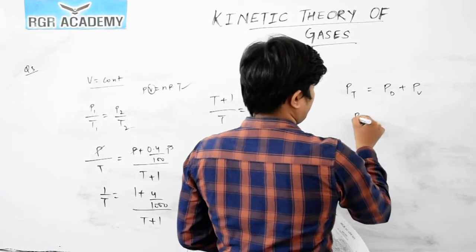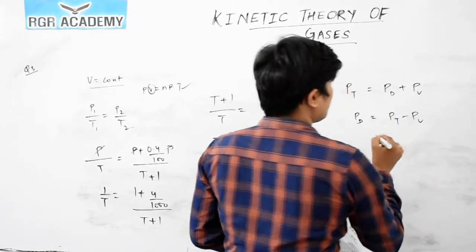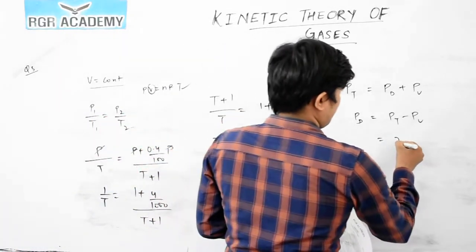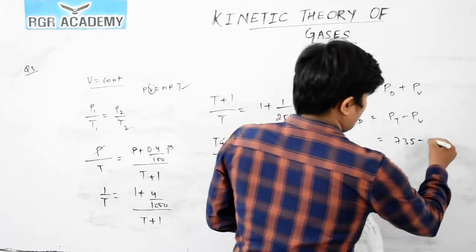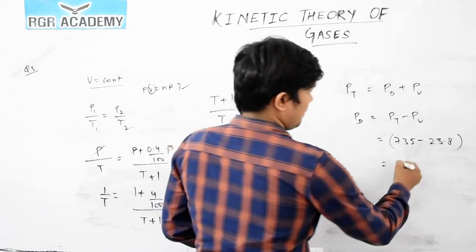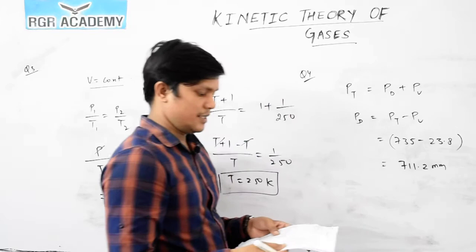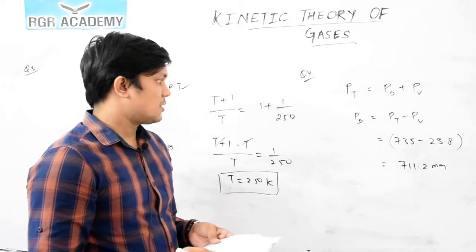So pressure of dry gas is total pressure minus pressure of vapor, which is 735 minus 23.8. If you solve this, the answer will be 711.2 millimeter of Hg. So the answer for question number 4 is option number 2.